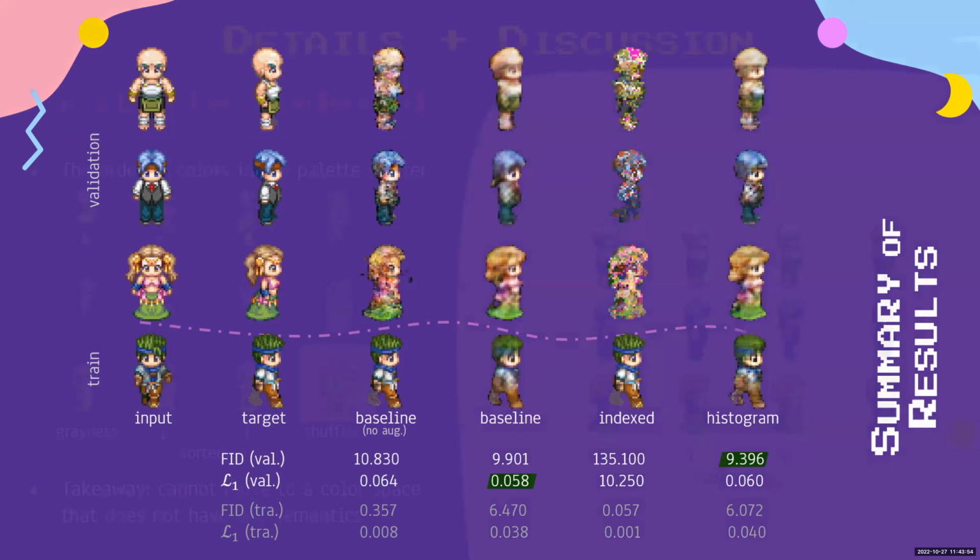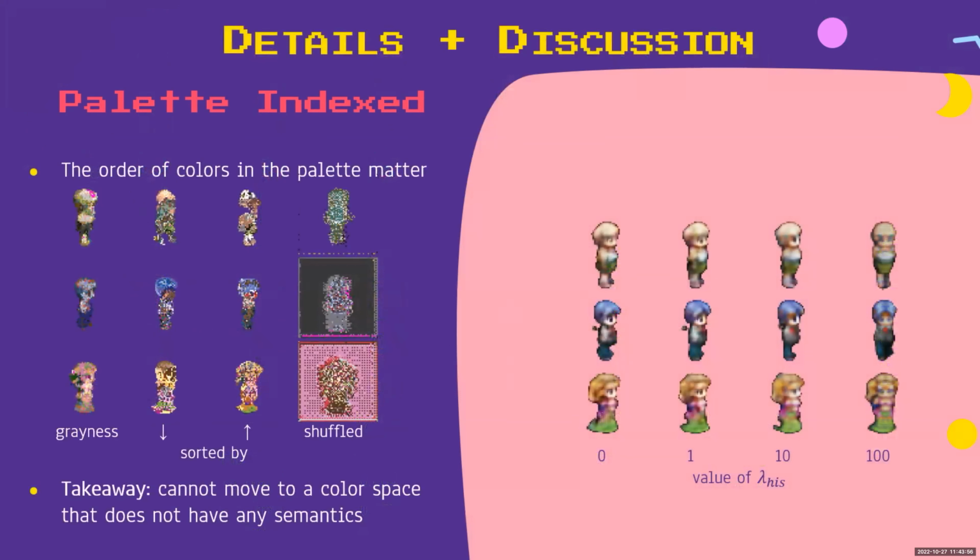Let's understand what happened. For the palette indexed, we can have different ways of assembling this palette, right? We can start looking from top to bottom and then left to right, or from bottom to top, or we can sort by the grayness value of each color, and we get different results.